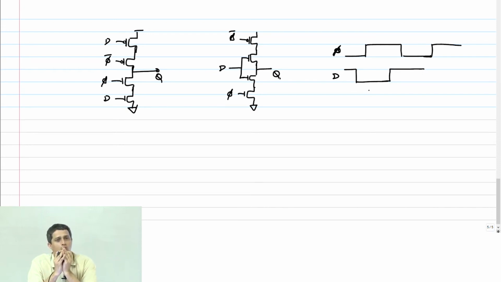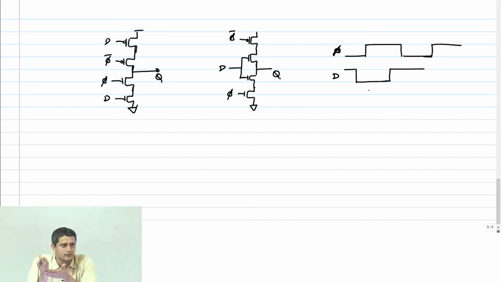What should happen to Q after the data has been sampled and is going to be held? So in this case, when phi equal to 1, the latch is in what state?